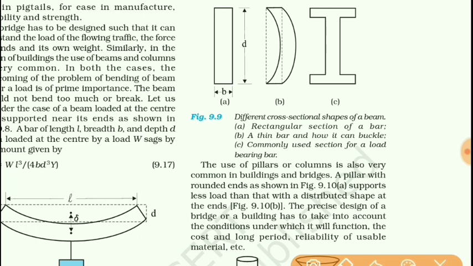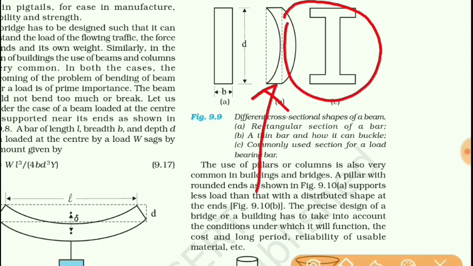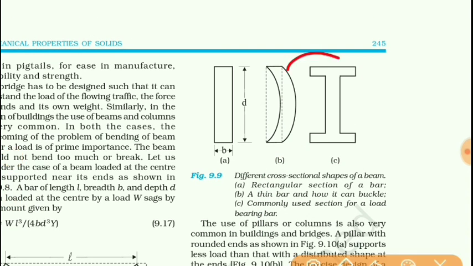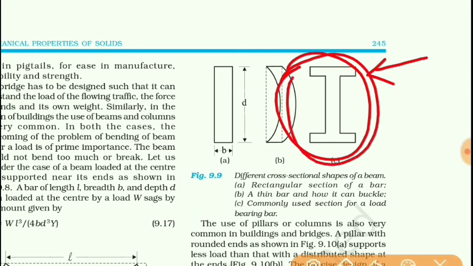We know that a train and the bogies connected with the train are quite heavy, and when they move on a railway track, this buckling effect can take place. But the cross section of the railway line which is used, their shape is kept I shaped, and due to this I shape, this type of buckling or bending will not take place.